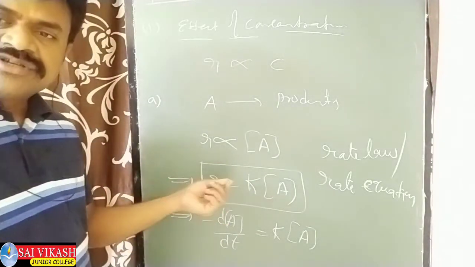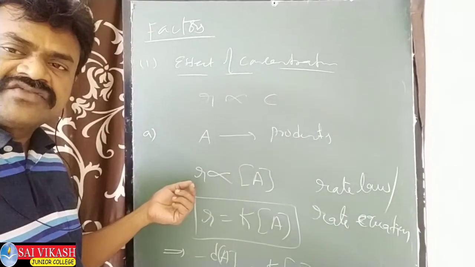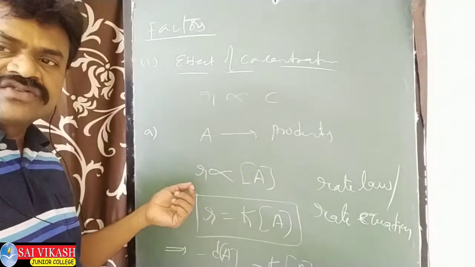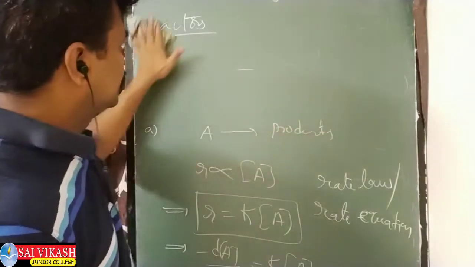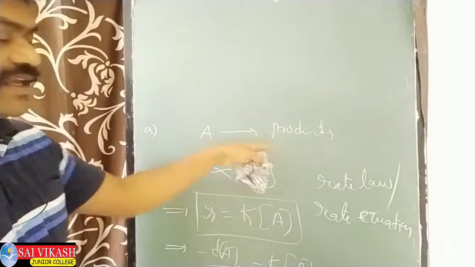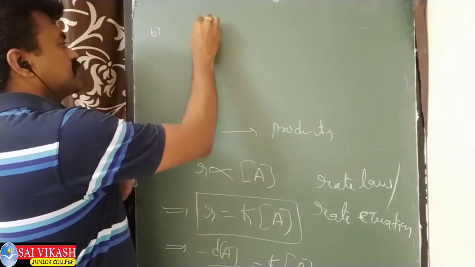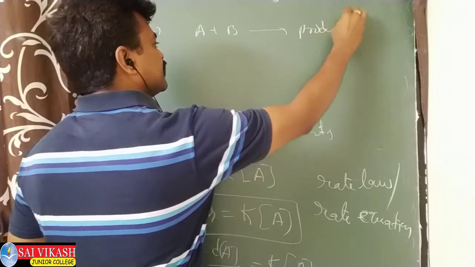So I will give a different example also. If the example changes, the equation also changes. See, next example. Suppose A gives B. Now example B. Suppose A plus B gives products is given.